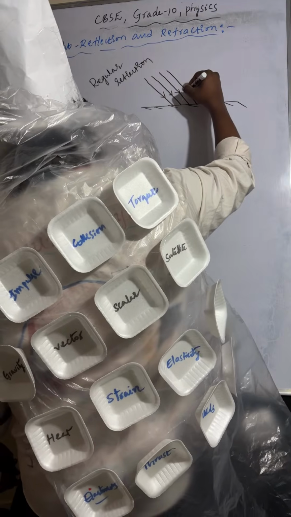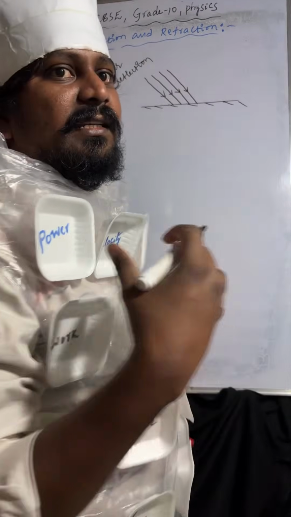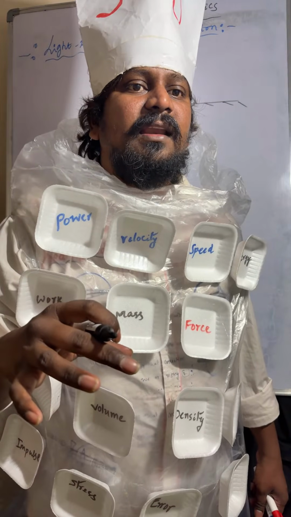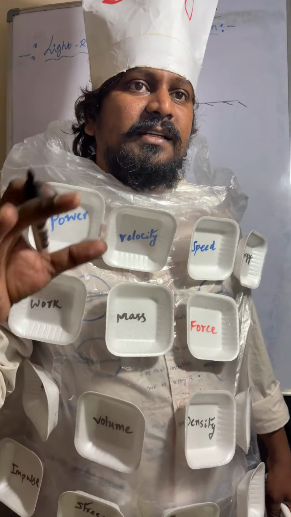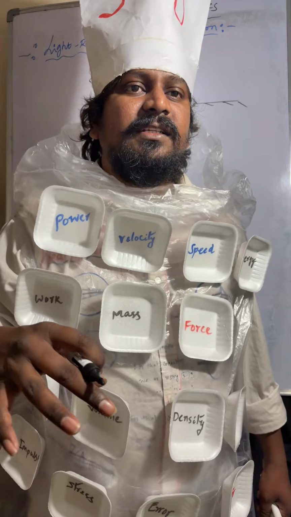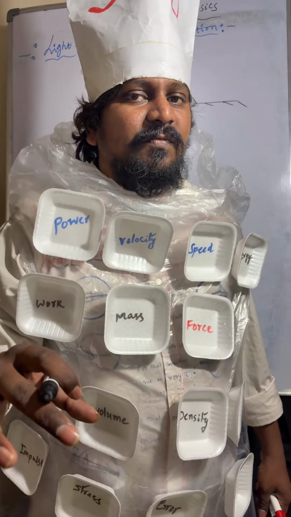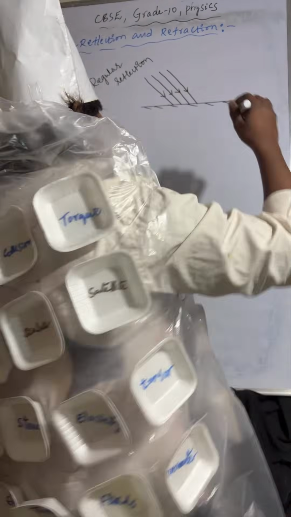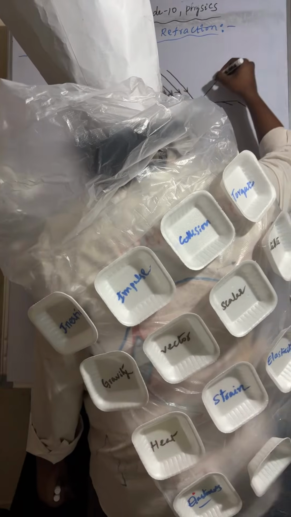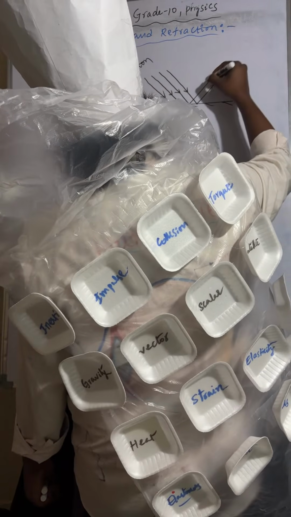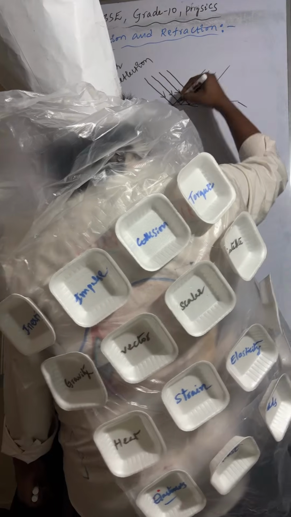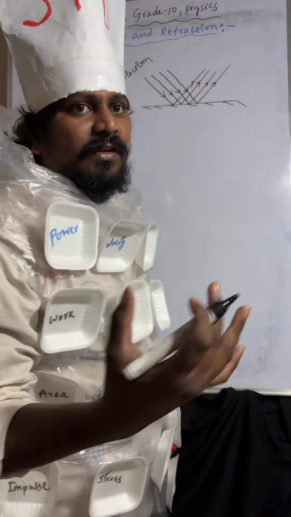Then the reflected light rays are also parallel to each other. So that type of reflection is called regular reflection. Here you can observe incident light rays are parallel, then reflected light rays are also parallel to each other. Understood?